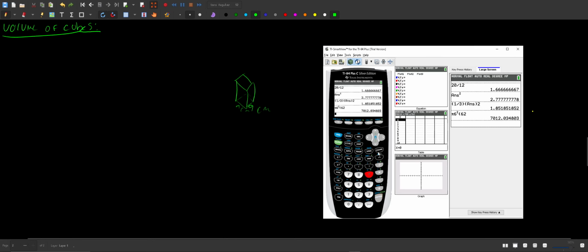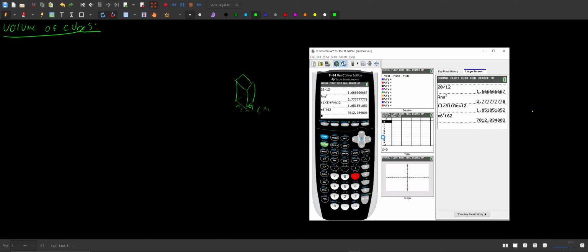So 9, the up arrow here. Why is it not typing? Oh boy. Okay.